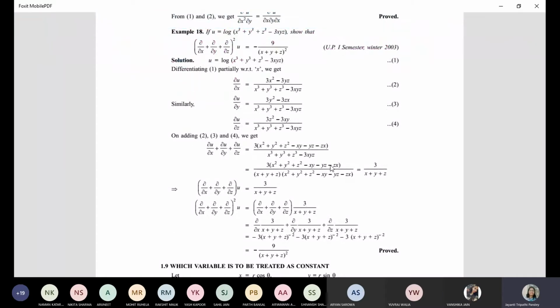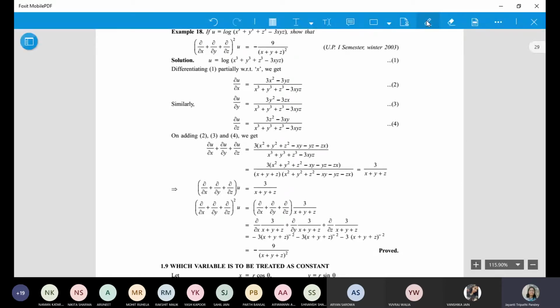And this is a special expression. If you multiply this by x plus y plus z in the numerator as well as in the denominator, what you are getting? See, this identity you must have studied, that x cube plus y cube plus z cube minus 3xyz is x plus y plus z into x square plus y square plus z square minus xy minus yz minus zx.